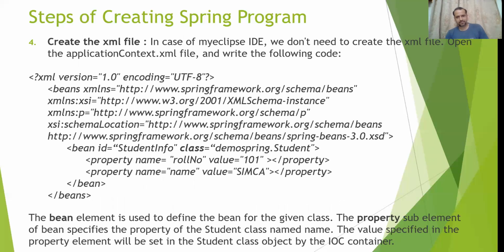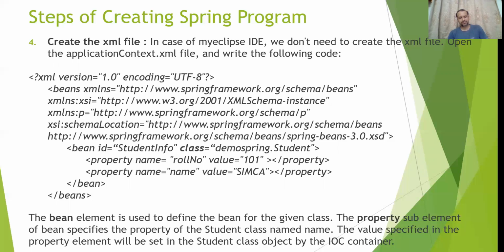In case of my Eclipse, we don't need to create the XML file. Open the applicationContext file and write the following code. But if it is not available in your Eclipse, then we have to create it.